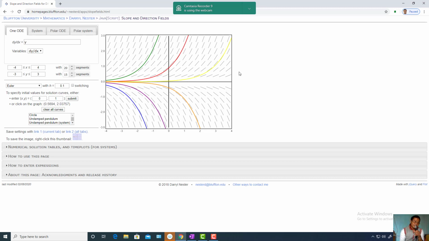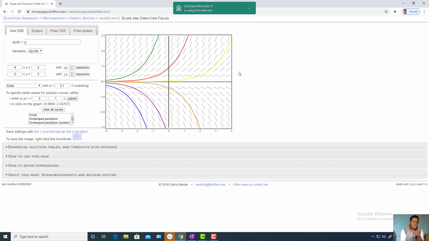So you are given a vector field, looking at the nature of the vector field. Suppose you just take one value of y, and draw a parallel line passing through that value of y, parallel to the x-axis, okay.